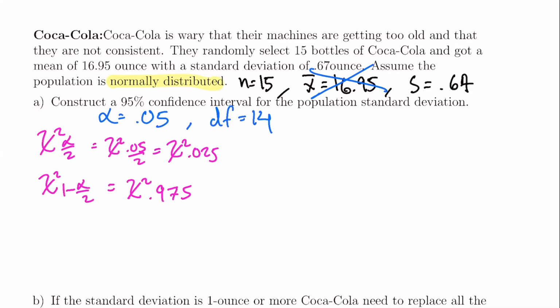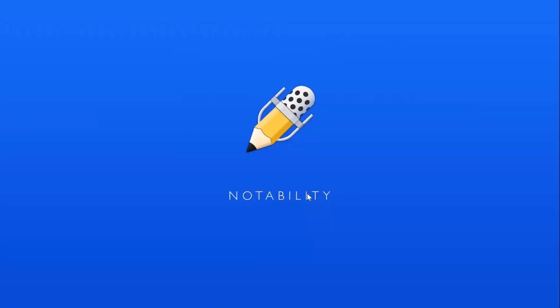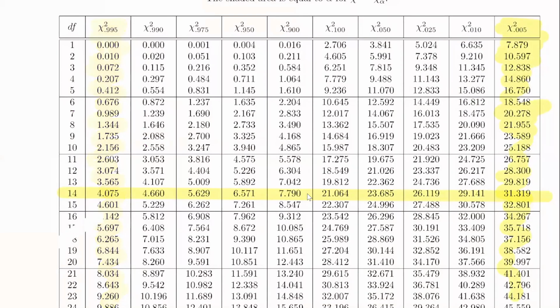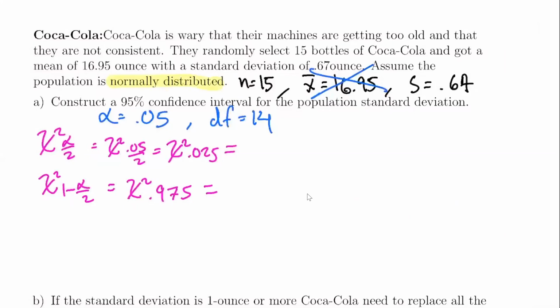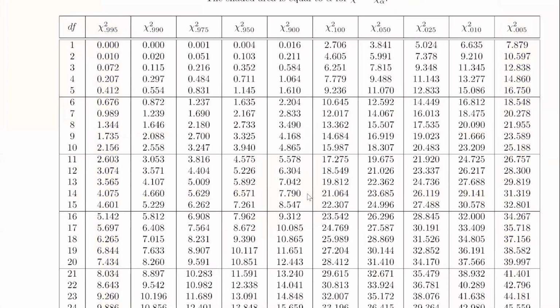Up next, we're going to find what those chi-square values are equal to. We're looking for 0.025 and 0.975, so I have to use my chi-square table. We get 14 as our degrees of freedom, 0.025, and also 0.975.